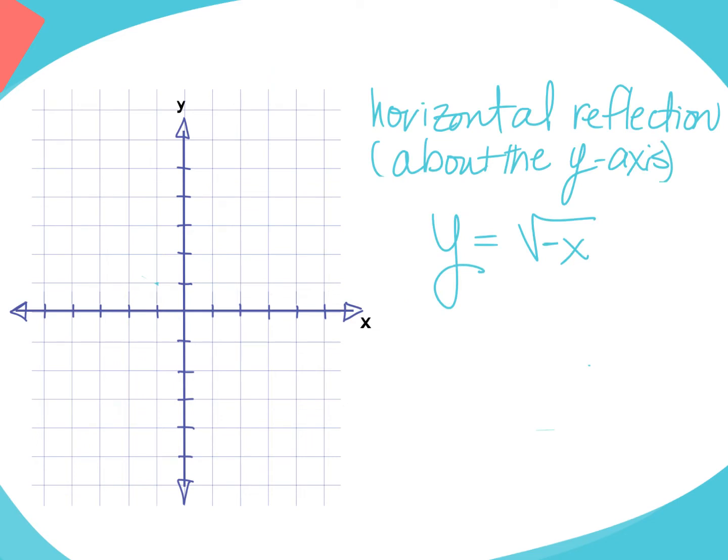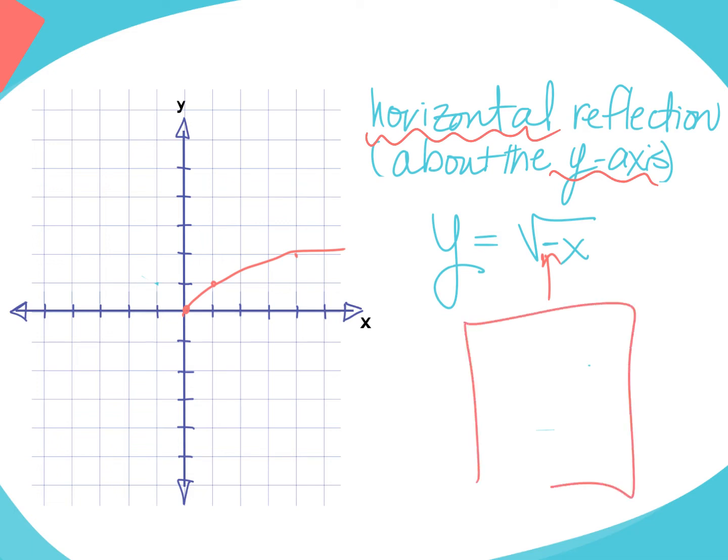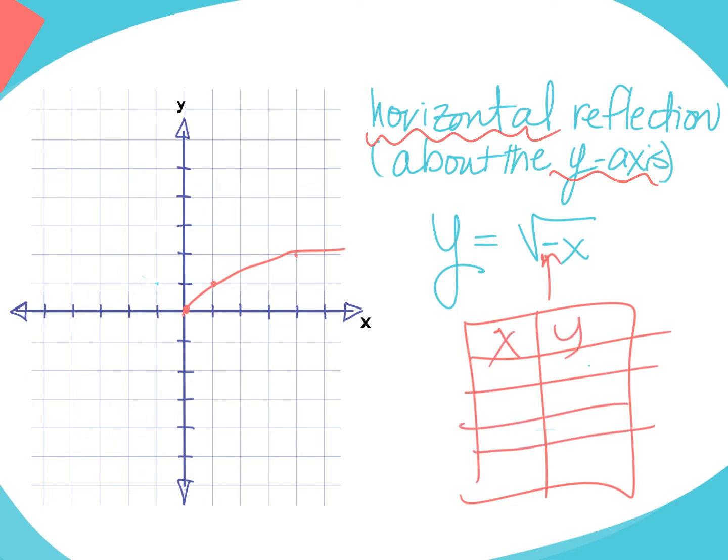We are going to create our horizontal reflection, but it's also about the y-axis. Careful, it's the other way around. If I am taking my parent function, the square root function, and I'm adding a negative here, what is it really that I'm doing? What's happening here is I'm inputting a value.